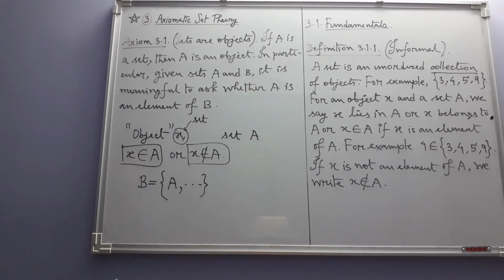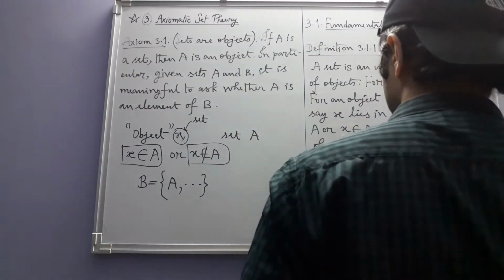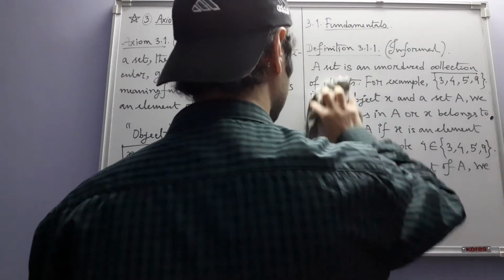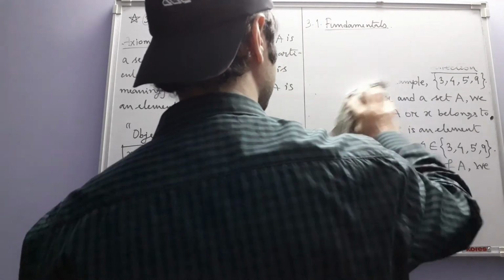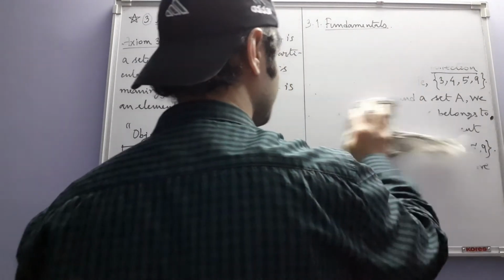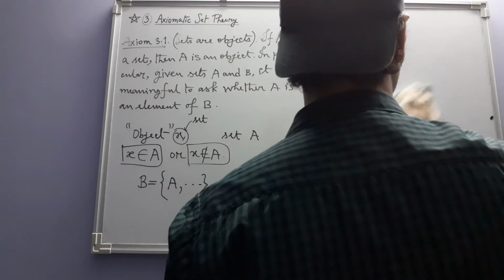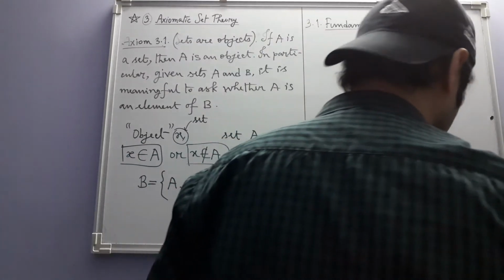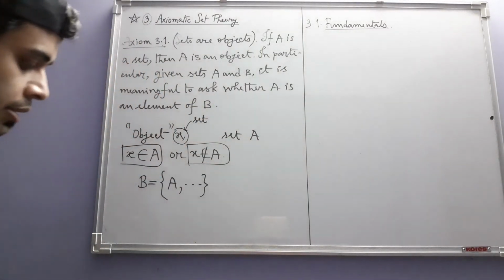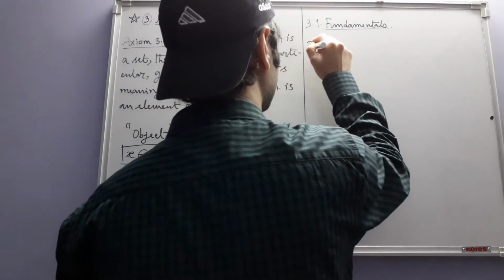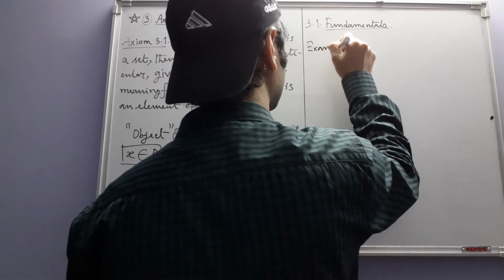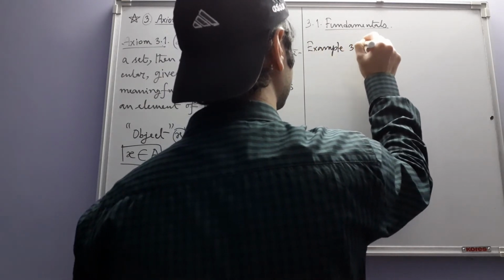Now, after this axiom, there is an informal example. So let's have a look at that. So this is my first rule of axiomatic set theory, that sets can be considered as objects. Now after that we have example 3.1.2.